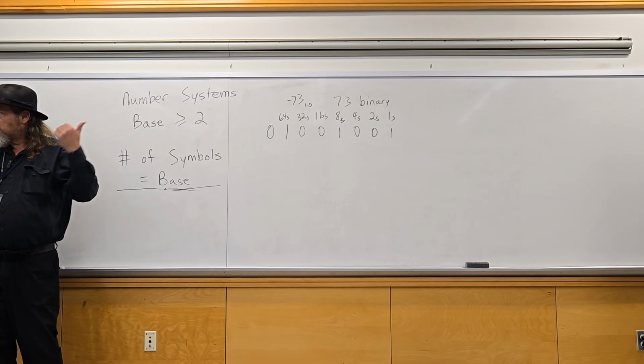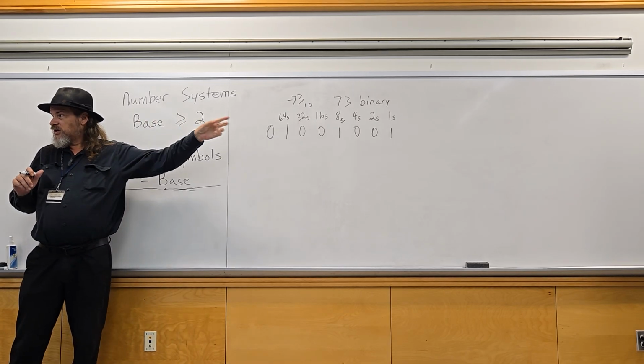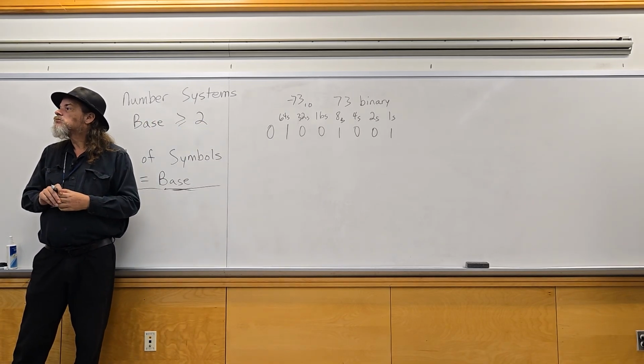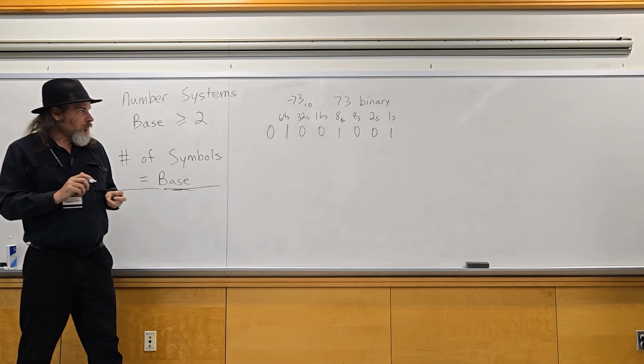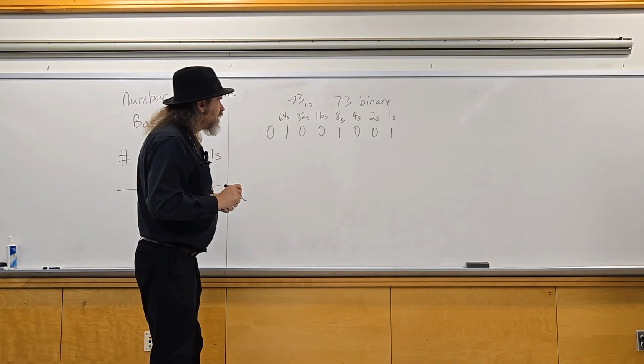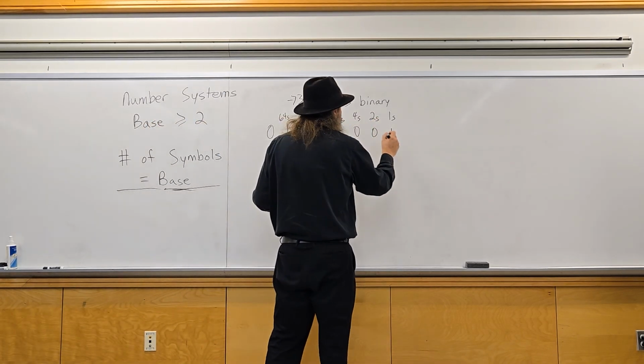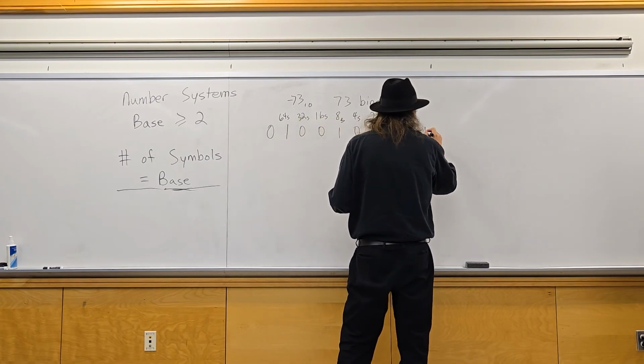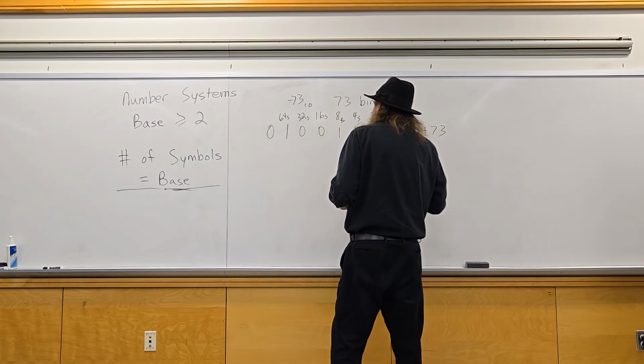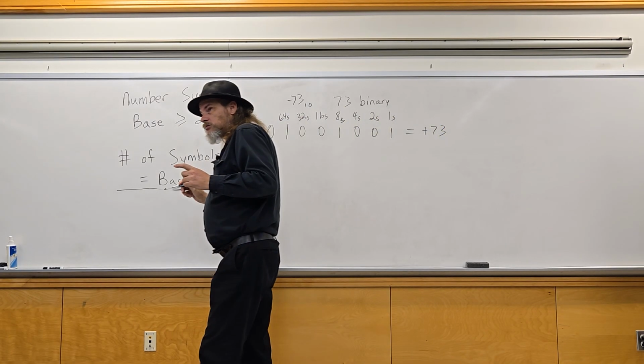If you're doing a negative number, yes, you would be wrong if you did not add the extra bit. Okay? So this is positive 73 in binary.